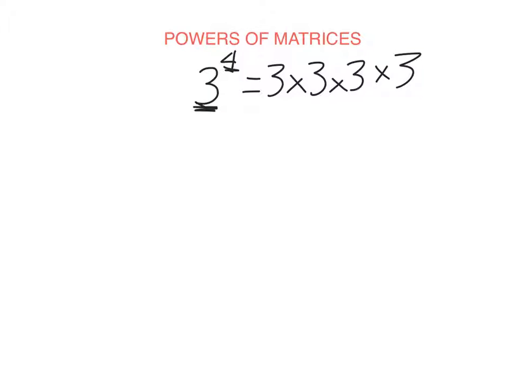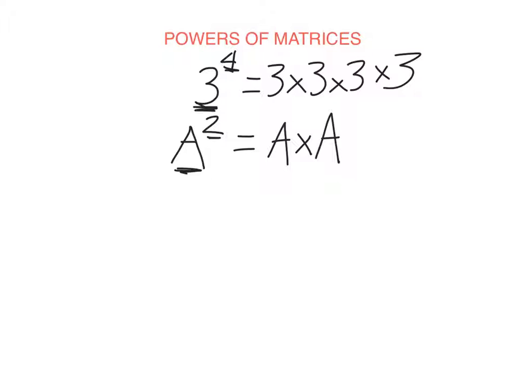Now the same works for a matrix. If I have a matrix A and I raise it to a power, let's say 2, I multiply this many times. So I'm going to multiply A by itself. Now what makes this a little more complicated than numbers is you can't always do that.